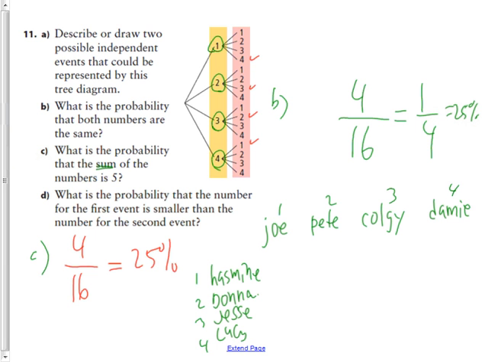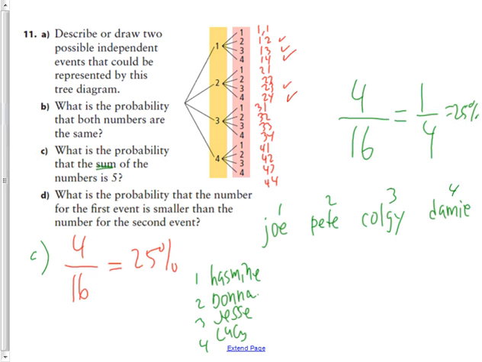And finally, what is the probability that the number for the first event is smaller than the second event? So, looking at my sample space, this is 1, 1, 1, 2, 1, 3, 1, 4, 2, 1, 2, 2, 2, 3, 2, 4, 3, 1. So how many of those is the first number smaller than the second number? This one, and this one.